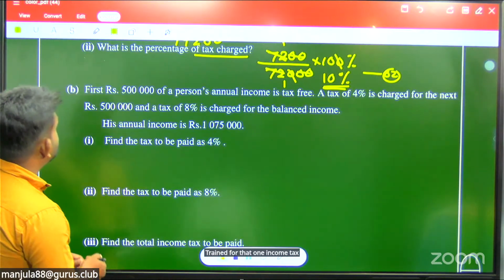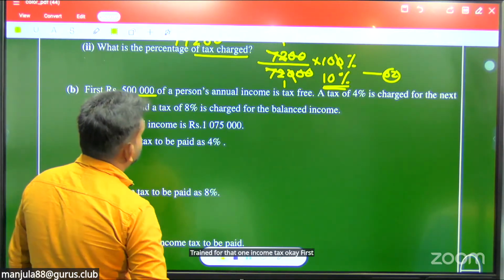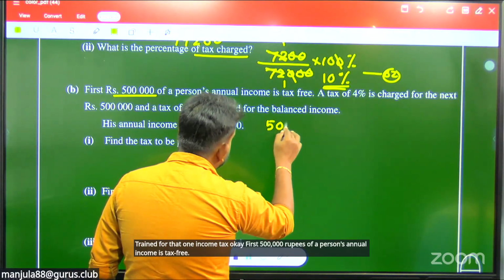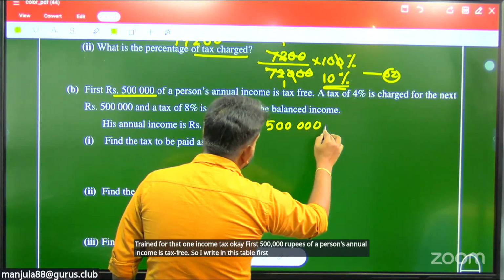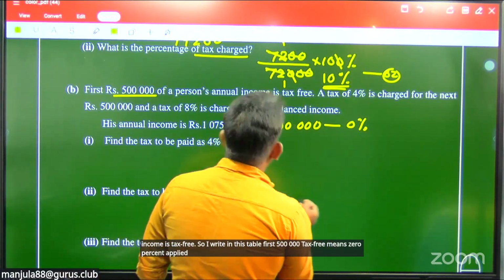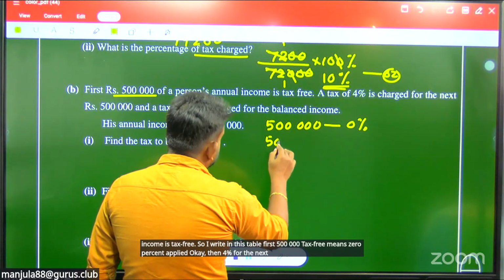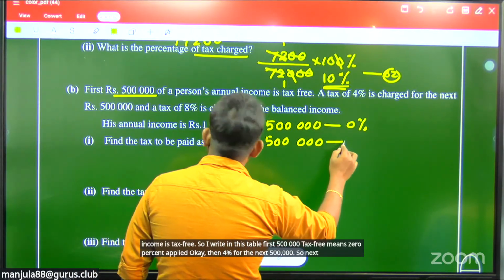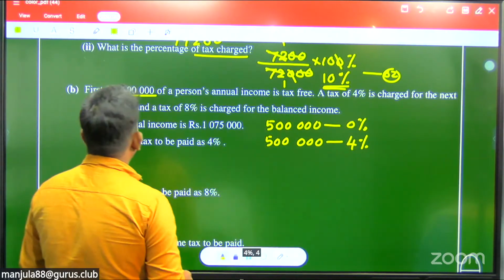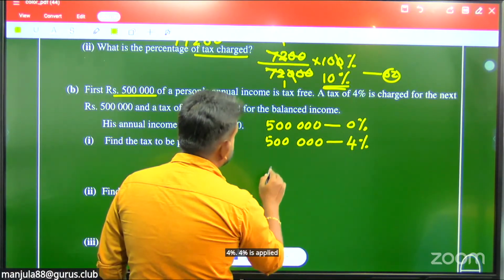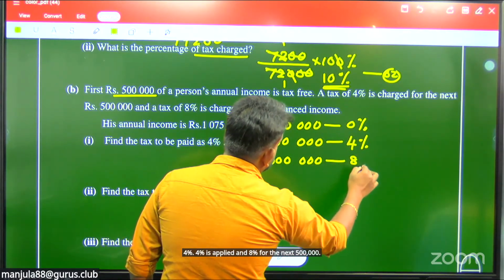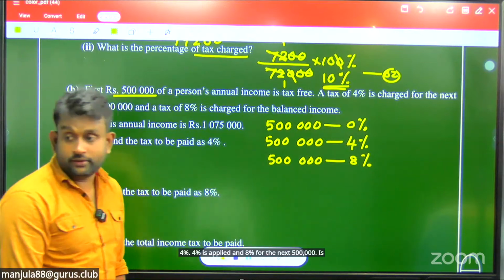Okay. The first 500,000 rupees of a person's annual income is tax-free. So I write in this table, first 500,000 tax-free means 0% applied. Then 4% for the next 500,000, so for the next 500,000 you apply 4%, and 8% for the next 500,000 is applied.